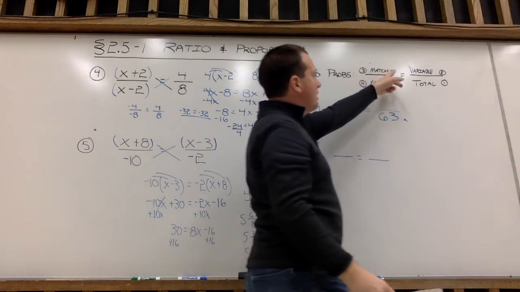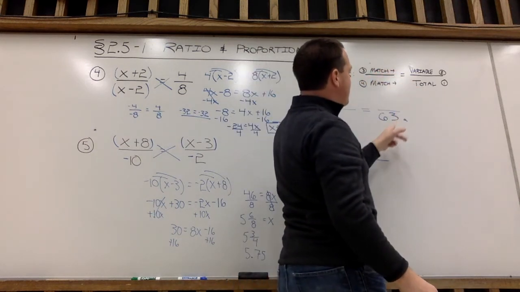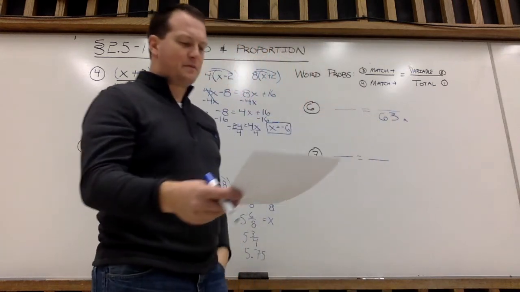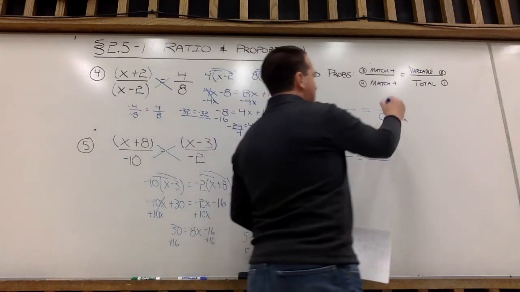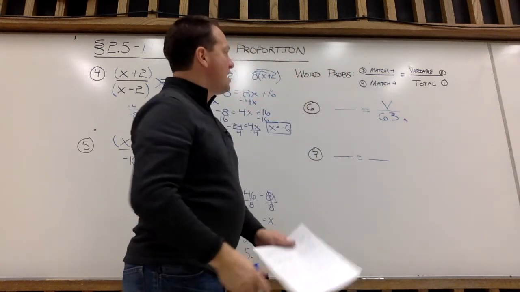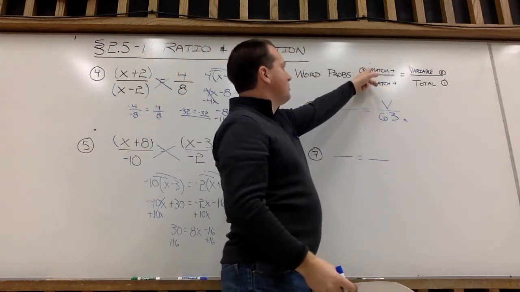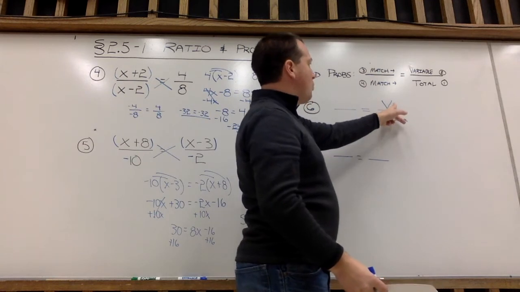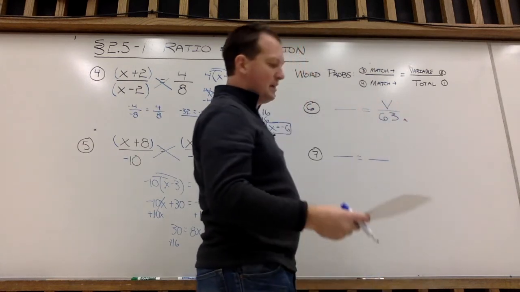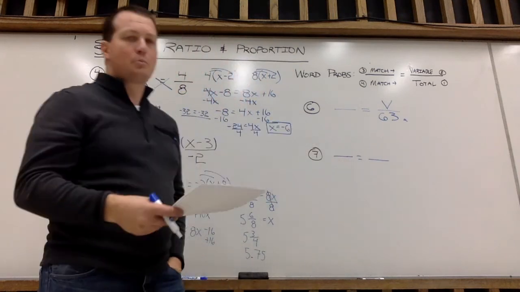I'm going to start then, after I write down the total, with putting in the variable. What am I trying to find? I'm trying to find how many violets were present. So then I am going to match with my violets the number I'm given in the specific proportion.